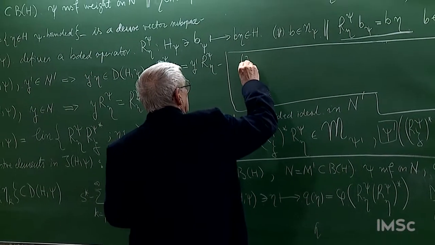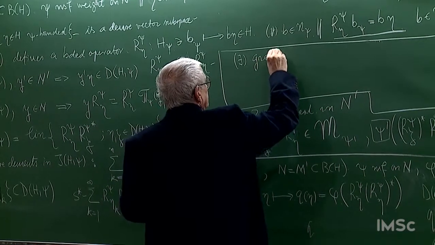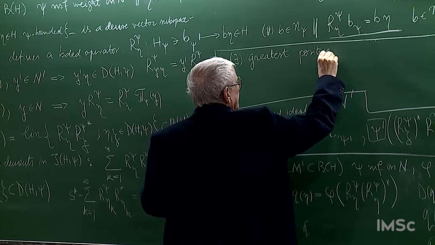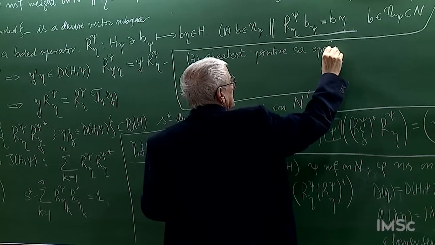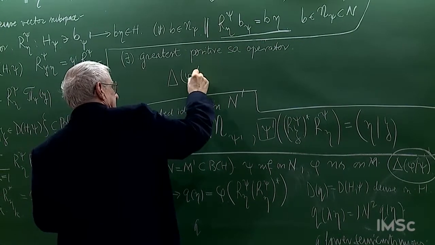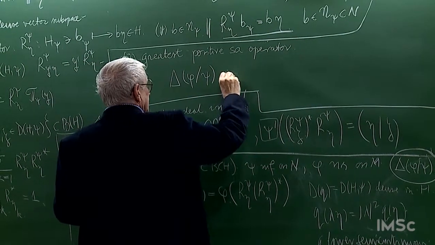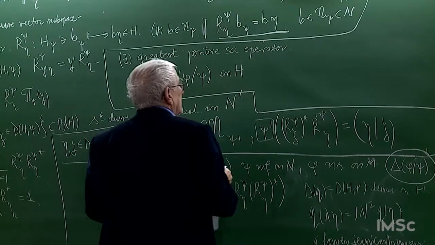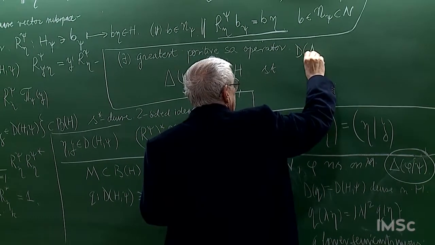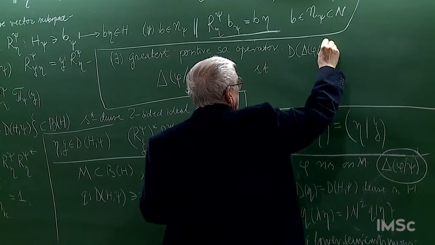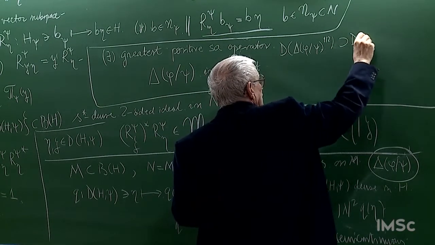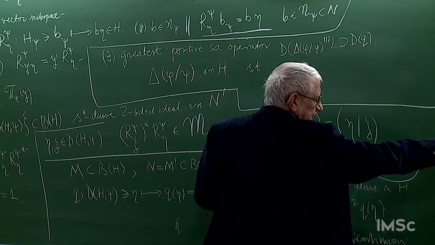There is a greatest positive self-adjoint operator delta phi per psi in H, such that the domain of delta phi psi to the 1/2 contains the domain of Q. I just repeat the conclusions in this theorem here.